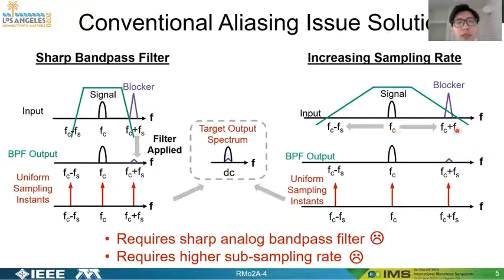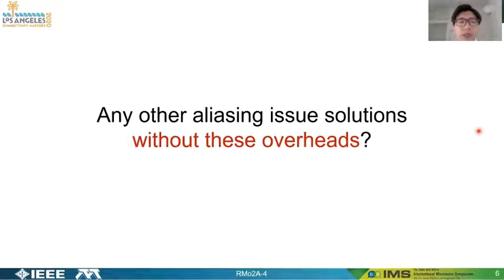In this case, the alias band becomes far away from the carrier frequency and there will be sufficient rejection with a relaxed bandpass filter. However, the power consumption is increased with a higher sampling rate. Here comes the question, is there any other way to solve the aliasing issue without these overheads?